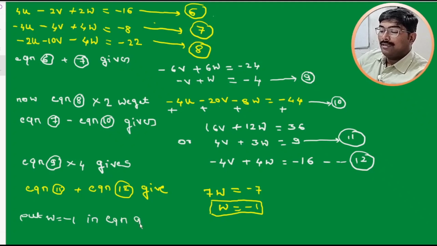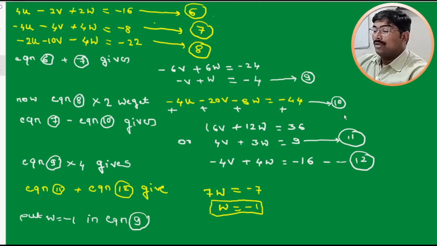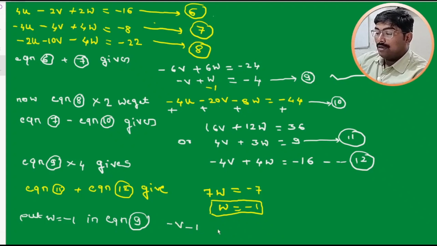In equation 9, if you substitute the value of W is equal to minus 1, what will you get? Minus V minus 1 is equal to minus 4.